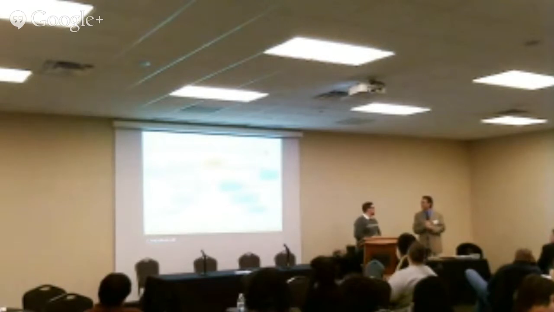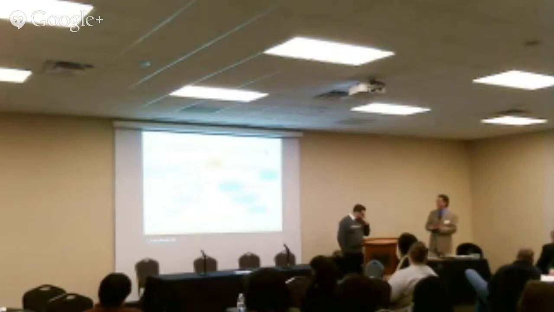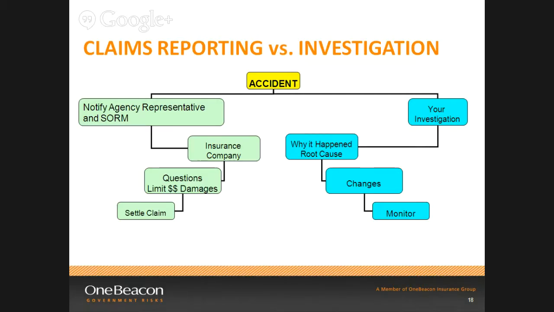One of the reasons why we put this particular slide together was that oftentimes we start our own investigation and it goes down this track on the right side, and we don't ever get it reported to the insurance company until you are down in the second or third phase of this.